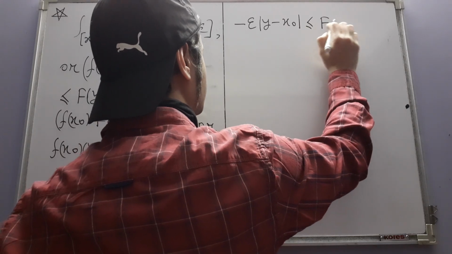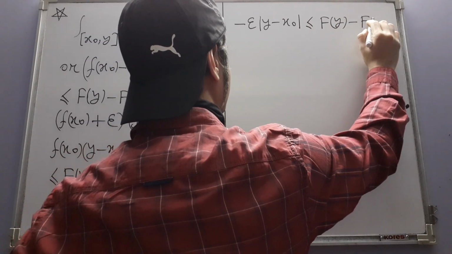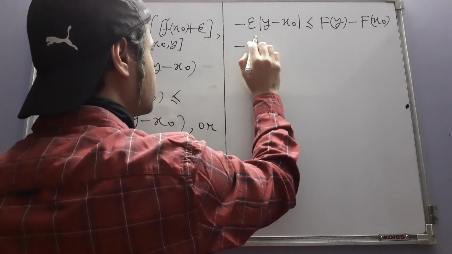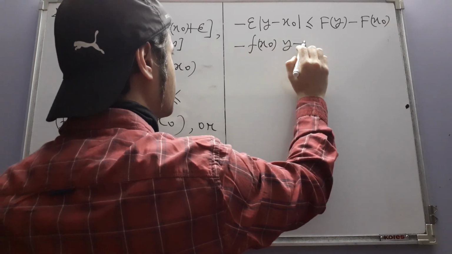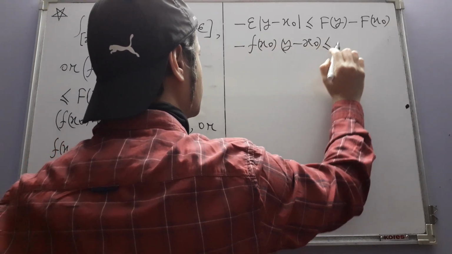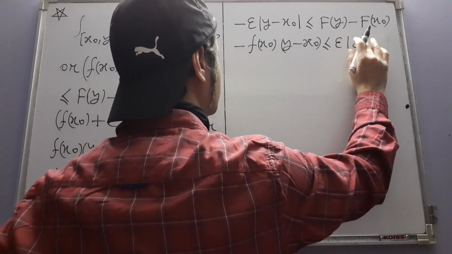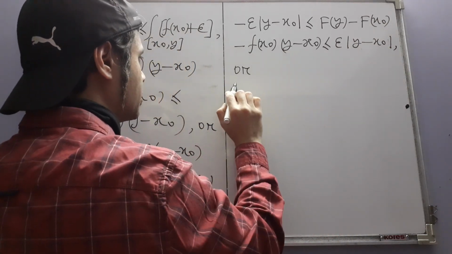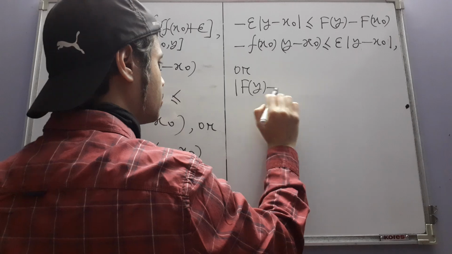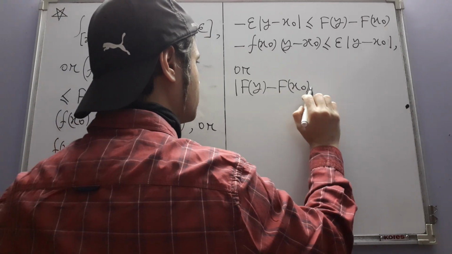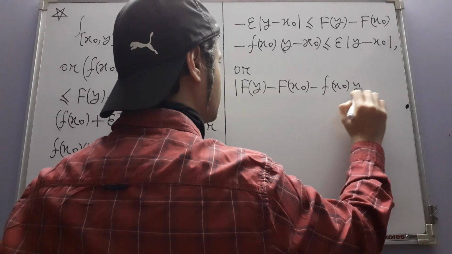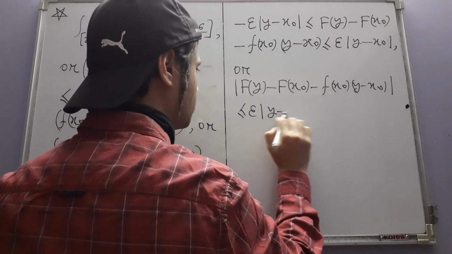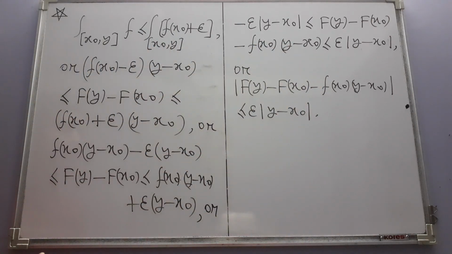This is less than or equal to, we already have this, but now minus of this, which is less than or equal to, or now we are almost there. This is what we have to show, right?